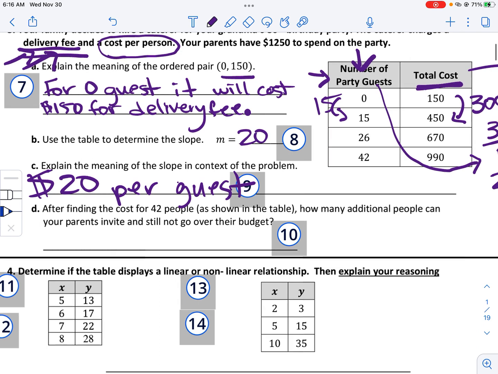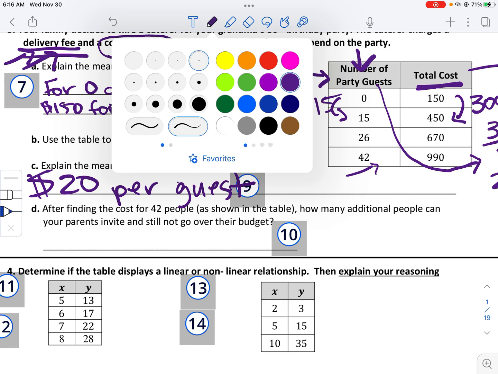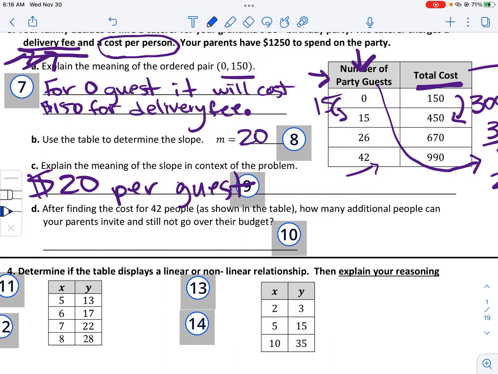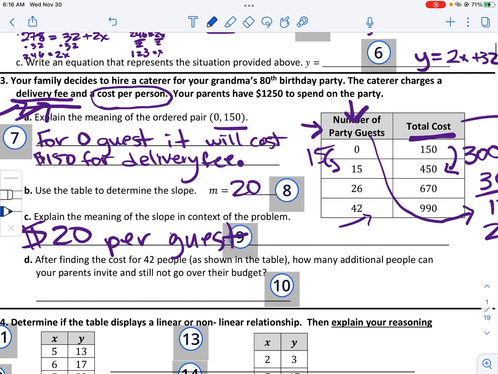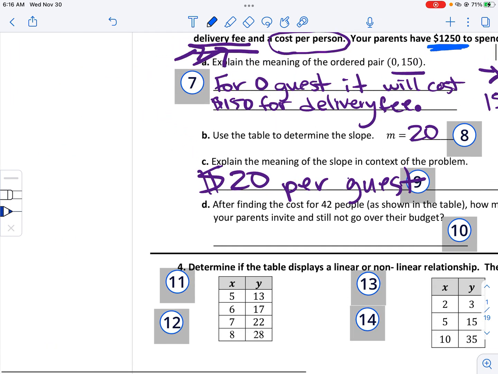Okay, so after finding the thing for 42 people, how many additional people can your parents invite and still not go over the budget? Okay, so we have a total amount of money that we have. What is our equation?